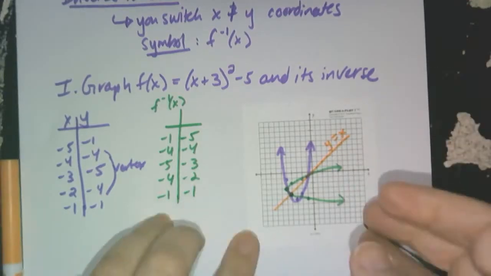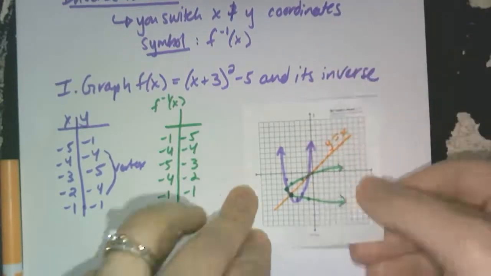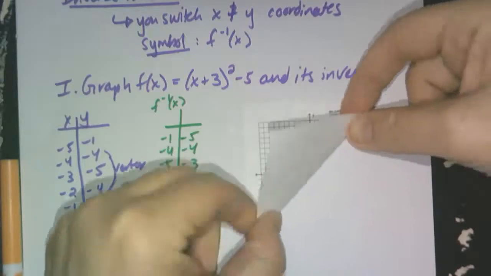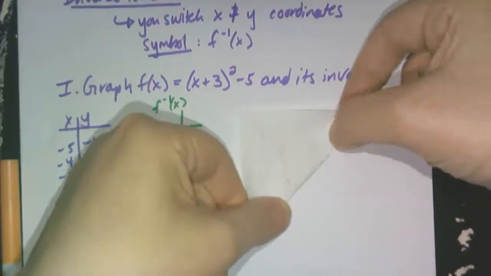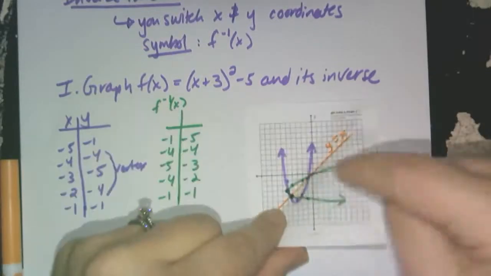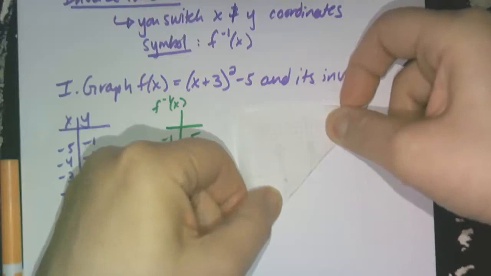If you take this piece of paper and fold it right over the y equals x line, can you kind of see through? My green equation has actually landed on the purple equation.